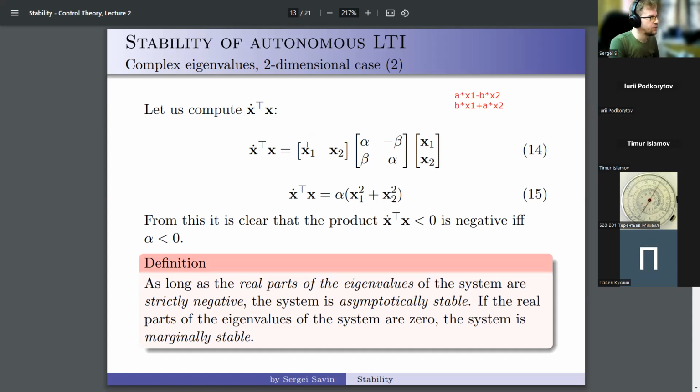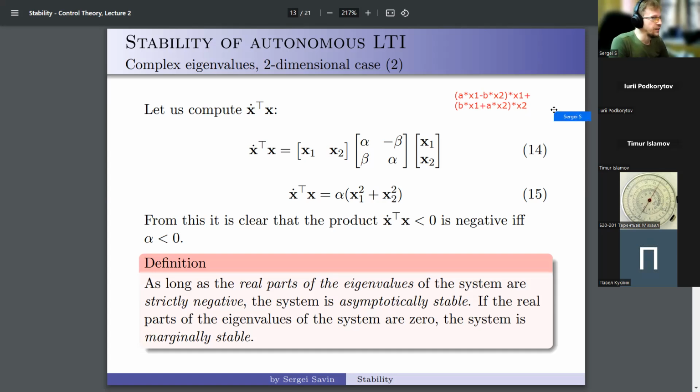And once we multiply it by x1, x2, we have the brackets here. This will be times x1 plus, and here times x2. This is what we will have when we open the brackets.